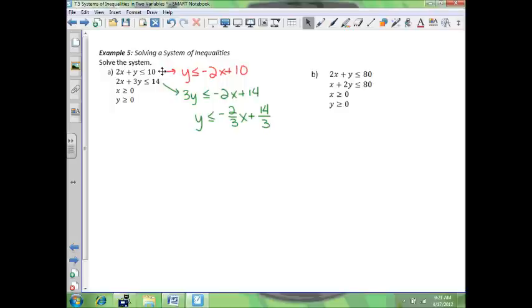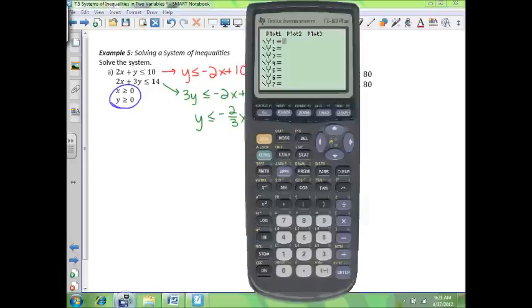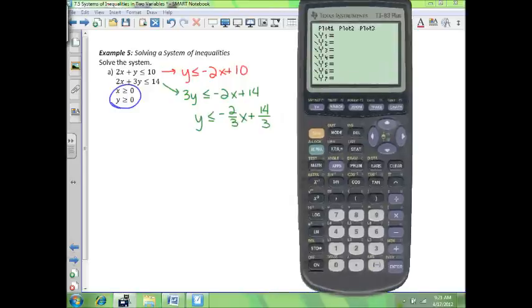Now if you notice, we have x is greater than or equal to 0 and y is greater than or equal to 0. You actually don't have to put these into your calculator, you can change your window accordingly. So we put in negative 2x plus 10, and negative 2/3 x, or 2x divided by 3, plus 14/3.